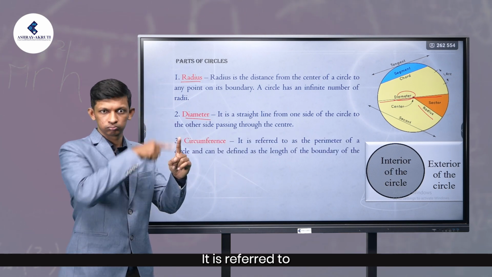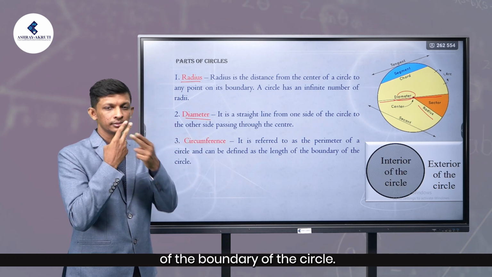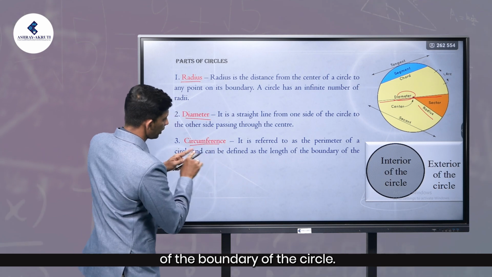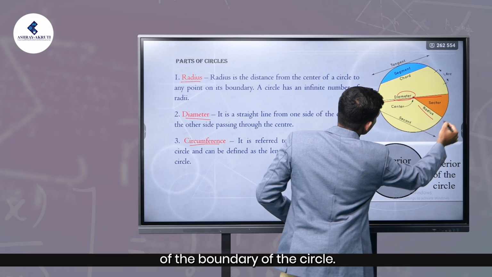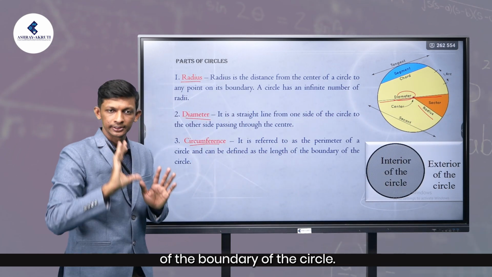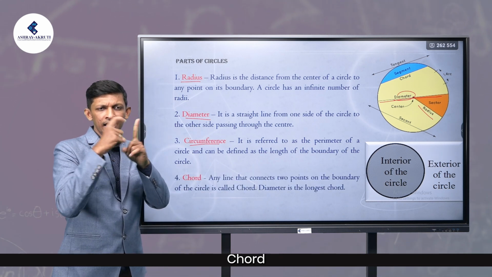Circumference. It is referred to as the perimeter of a circle and can be defined as the length of the boundary of the circle. Chord.